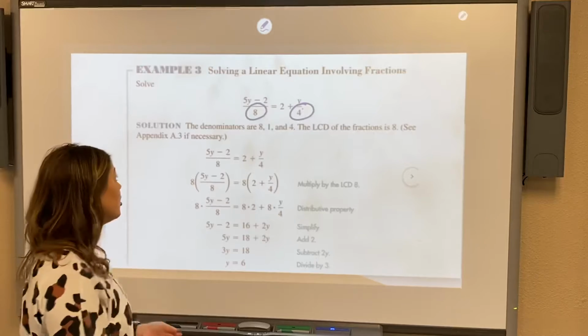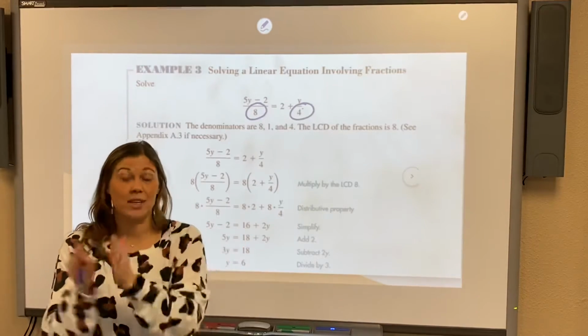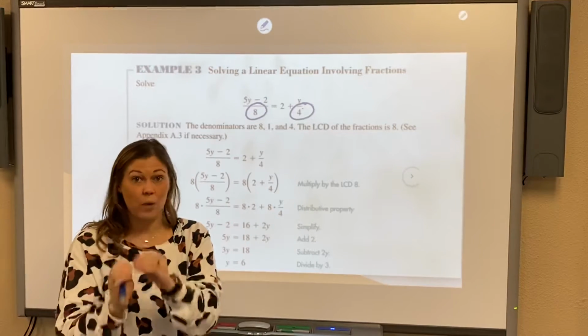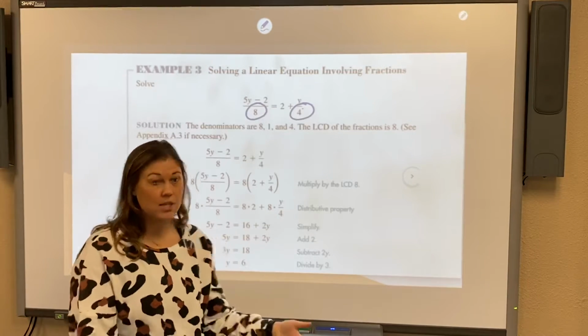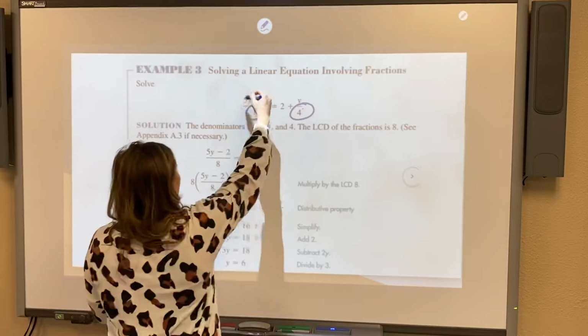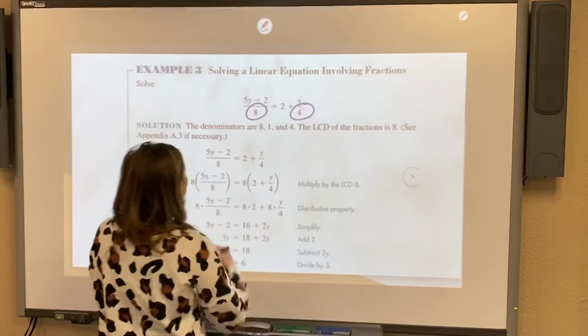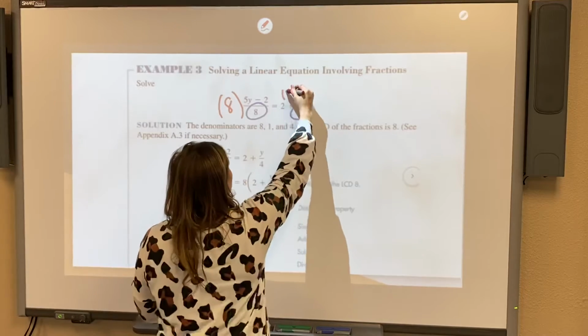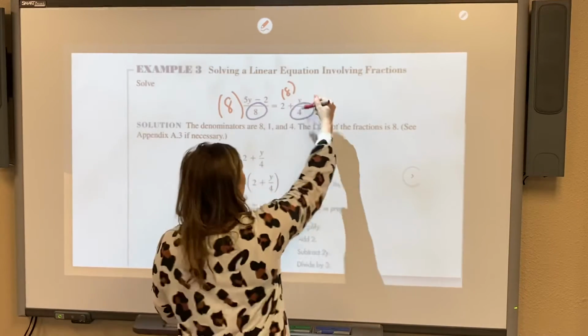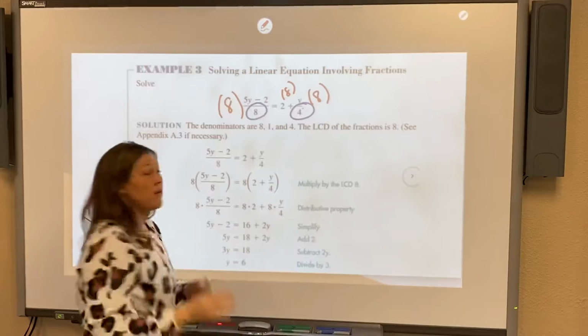So what we're gonna do is multiply every single term in this equation by 8. By doing that, we cancel out our fractions. So we're gonna multiply (5y minus 2) over 8 by 8. We're gonna multiply 2 by 8. And we're gonna multiply y over 4 by 8. That way we can cancel.